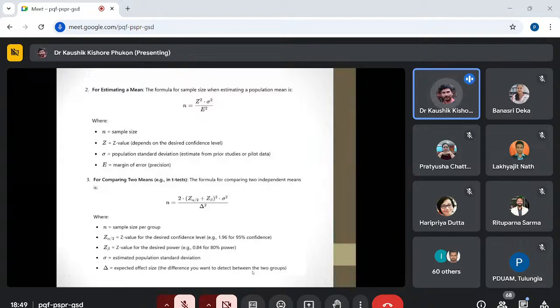We will require both Z alpha and Z beta. Then sigma is there, then delta, the expected effect size. So in various situations, the method is different. Kindly go through it. Formulas are available. Don't get confused, and do a proper analysis.